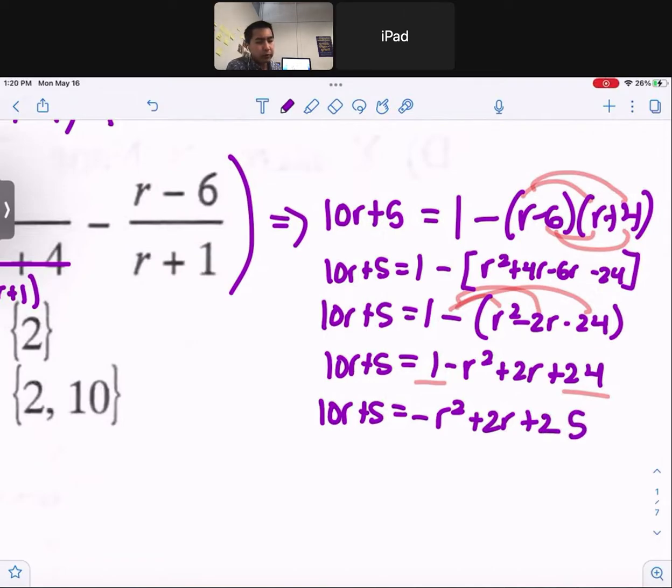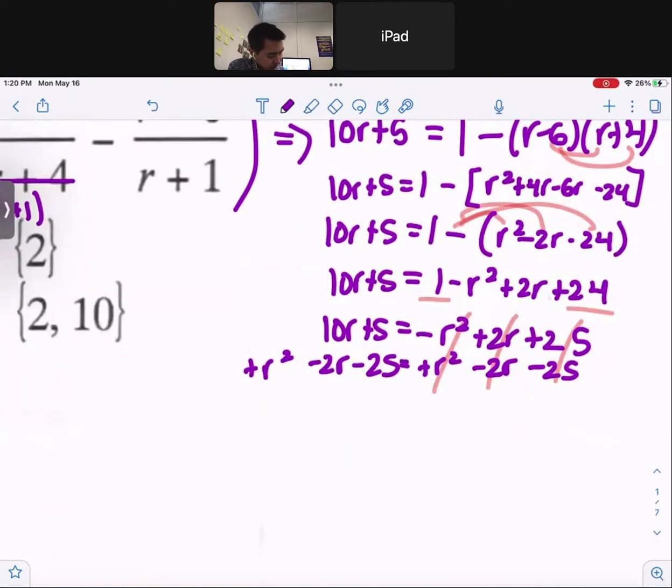I'm going to move everything to the left hand side, because I don't like my leading degree to be negative. So I'm going to add r squared to this side, subtract 2r from both sides, and subtract 25 from both sides, because all of these will cancel. r squared plus 8r minus 20 equals 0. Now let's factor this using the X method.